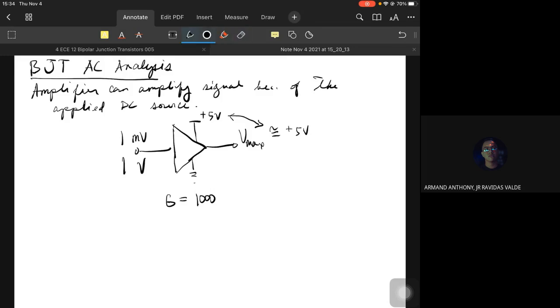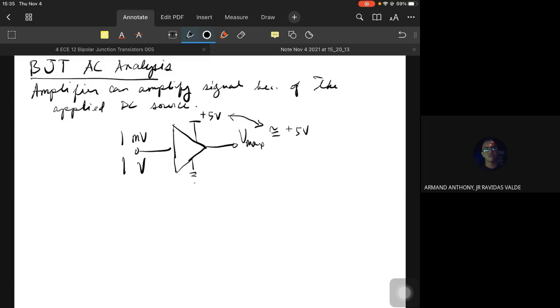But the output will only be 5 volts. The output is restricted by the applied DC source, because the amplifier cannot create power by itself. Technically, we'd call it a good power amplifier.